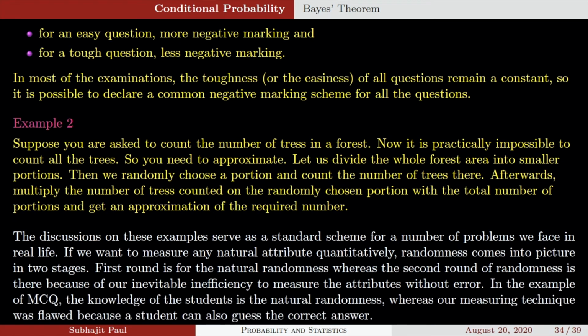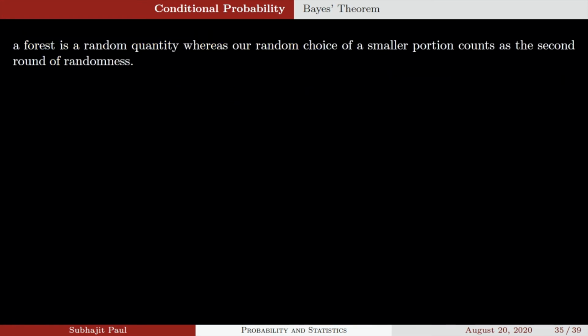In the example of MCQ, the knowledge of the students is the natural randomness, whereas our measuring technique was flawed because a student can also guess the correct answer. In example 2, the number of trees in a forest is a random quantity, whereas our random choice of a small portion counts as the second round of randomness.